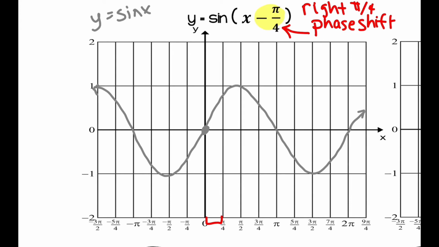Now what we're going to do for our phase shift is move everything to the right pi fourths. So what's at 0 is now going to be 1 square over, because that's pi fourths. This high point at 1 is now going to be right there. This point at 0 is now going to be right there.